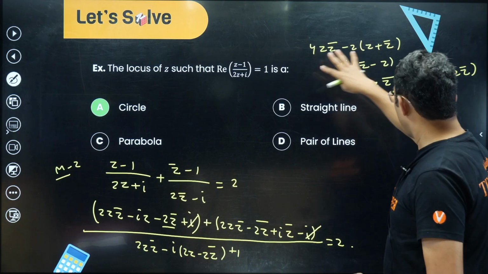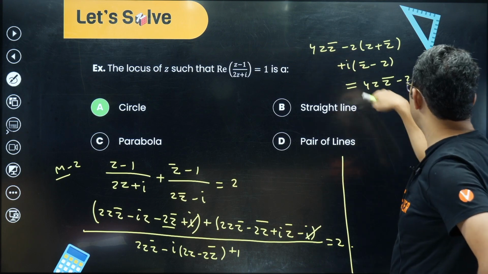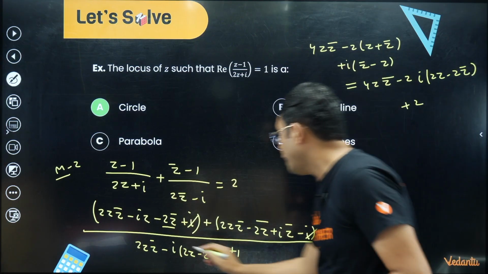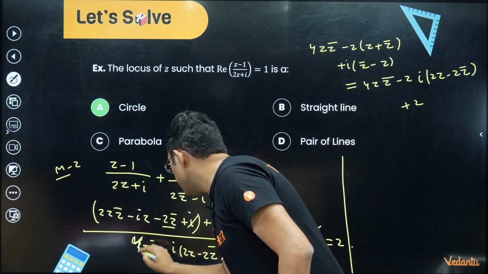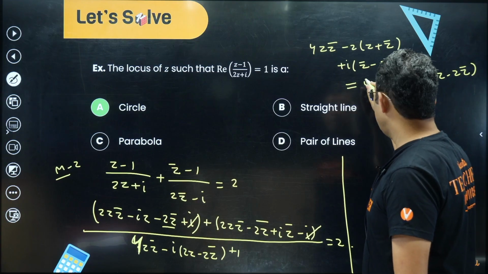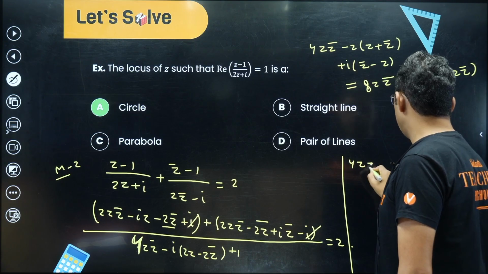Now try to write all of the things on one side. Maybe I will bring this here. Have I done something wrong? Yes, actually this should have been 4 here, so this will be 8 here. If you bring it here, we will be getting 4z into z bar.